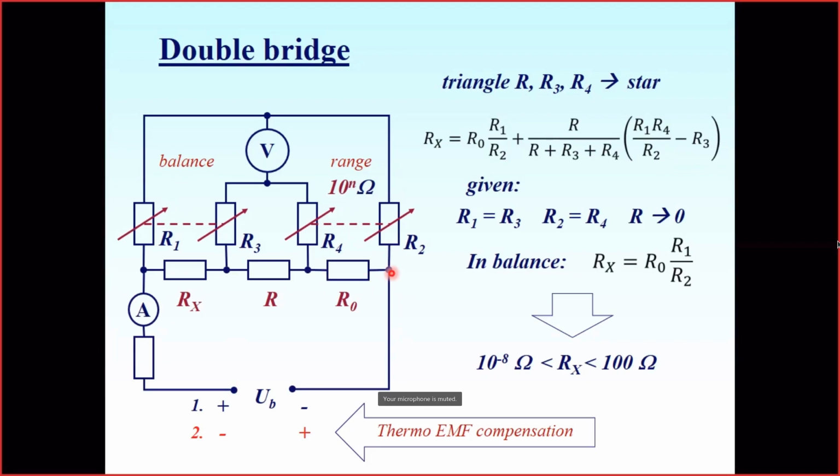Everywhere where two different materials are in contact, the thermoelectromotive force may appear. This double bridge is usually operated with two measurements. First, we connect the polarity plus minus to power the bridge, make the measurement, and write down the result. Then we turn the polarity in the opposite direction, here plus, here minus, so the current flows in reverse, and make a second measurement. As a result, we take the average between these two measurements.